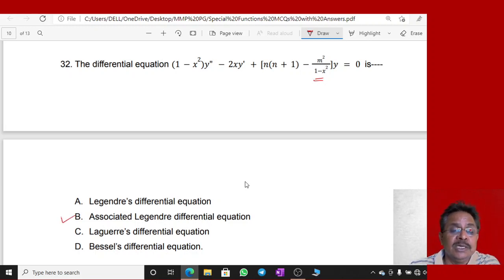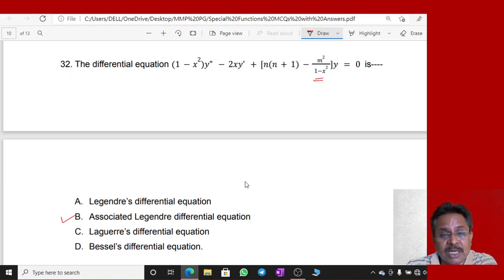So try to understand, this is not a Legendre differential equation. Legendre differential equation doesn't contain this part, and it is not a Lagrange differential equation, which we have already seen. Also this is not a Bessel differential equation. So this is the associated Legendre differential equation.